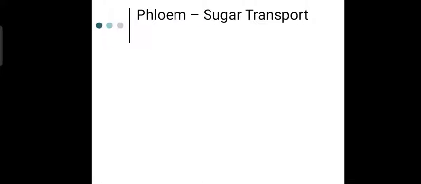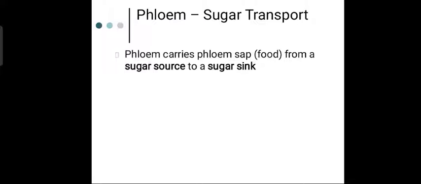Phloem sugar transport. Phloem carries phloem sap, food, from sugar source to sugar sink. It means that the sugar source is the place where photosynthesis occurs and sugar is produced, and the sugar sink is the place where there is a deficiency of food or sugar produced in the photosynthesis process.